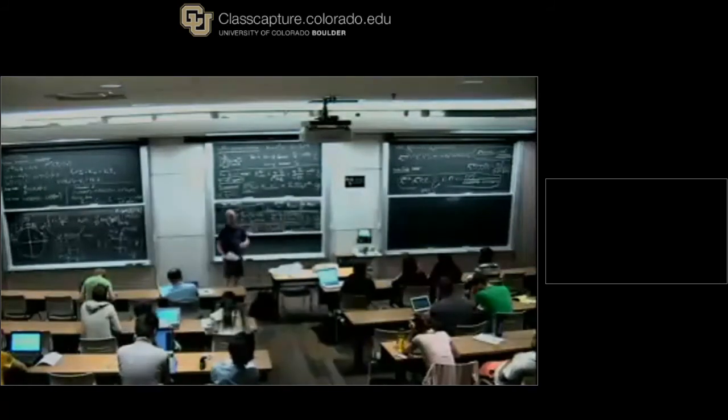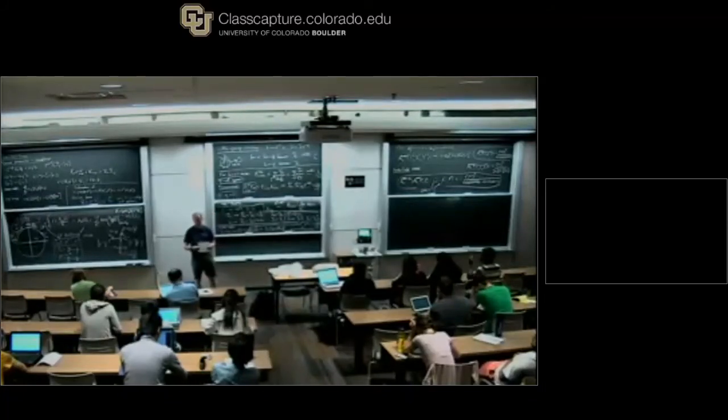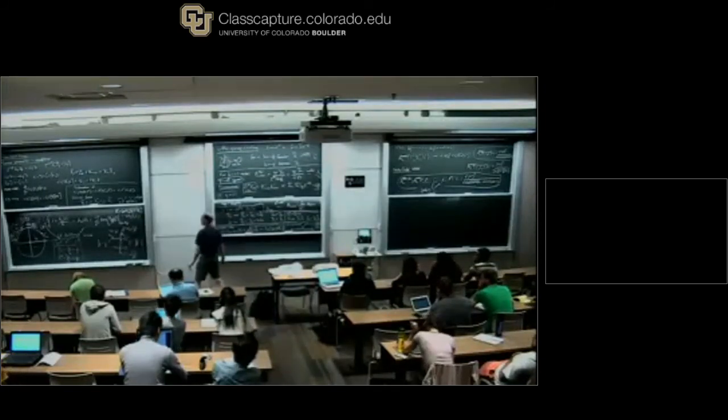Okay, so now we understand the behavior at z equals infinity. We have to ask where these residues at finite z_k came from, and we need to evaluate them.